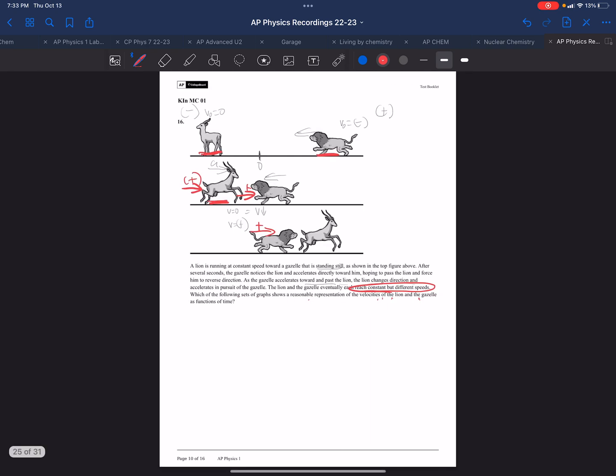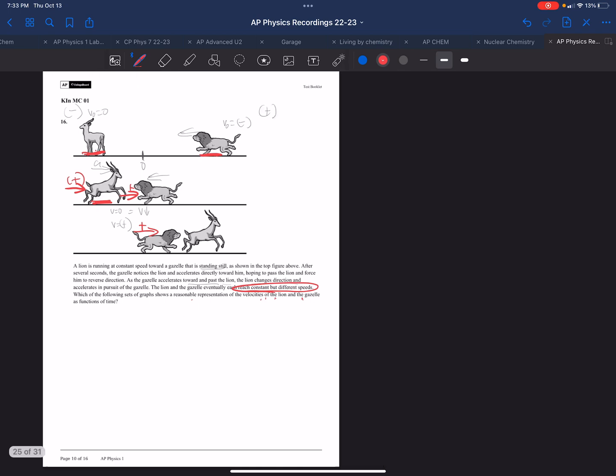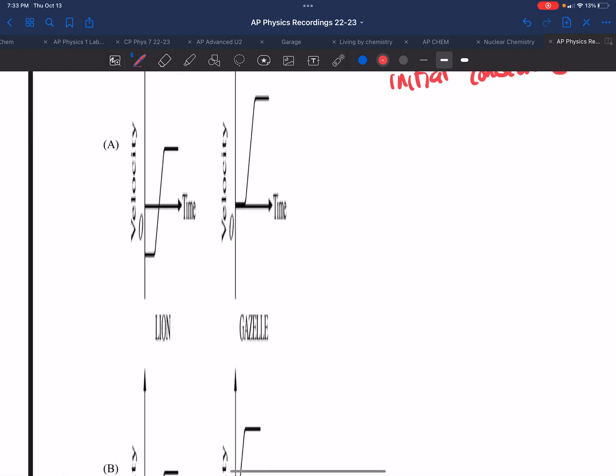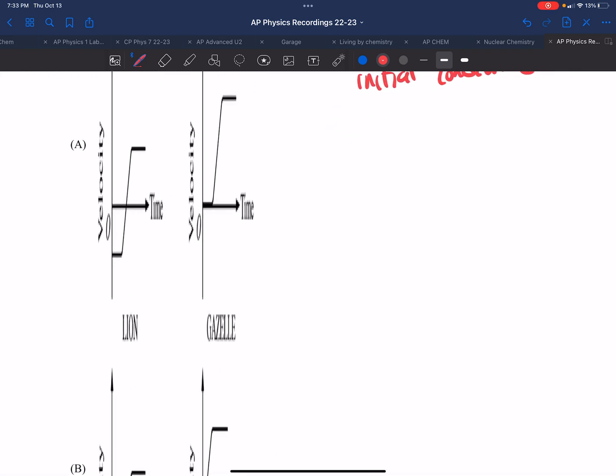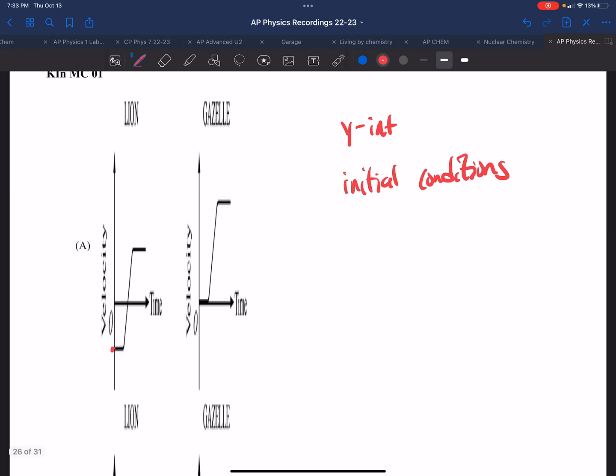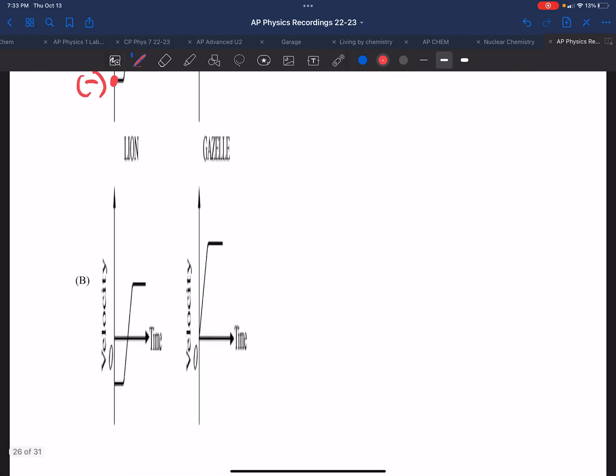So let's first look at this. The lion, as we've drawn it, has an initial velocity that is negative, and the gazelle is 0. So let's see what we've got here. The lion has an initial velocity that's negative, and the gazelle has an initial velocity of 0. So just on the y-intercepts alone, choice A is consistent.